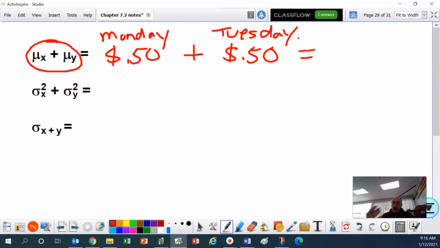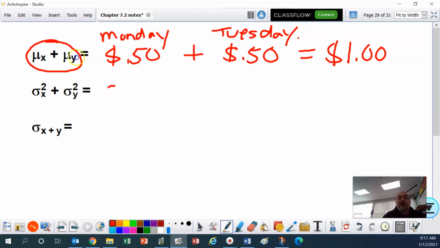So over the 2 days of you buying a ticket, your expected amount is $1. You expect to win $1. I know you're either going to win 500 or 0, but that is the expected amount to pay out. And if you think about it, that's the expected amount the state's going to keep because they keep 50 cents of every dollar.